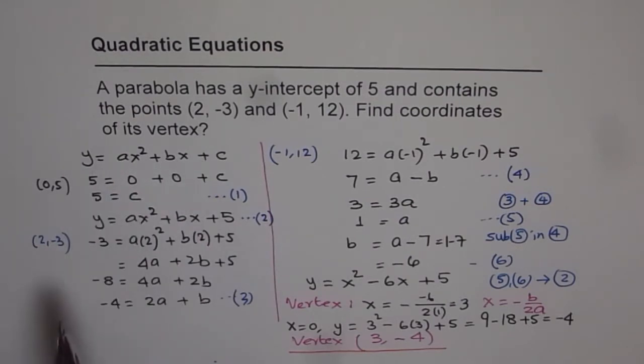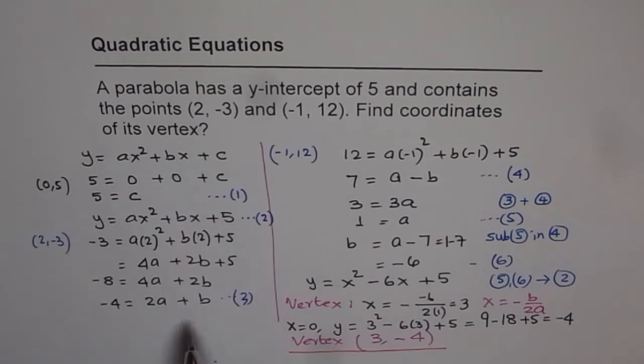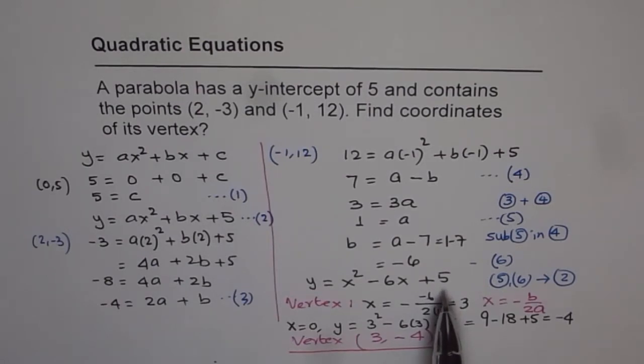Using the other 2 points, we got 2 equations, and solving them simultaneously, we found the quadratic function passing through these 3 points, which was x² - 6x + 5. Then we substituted -b/2a for x to find the vertex x coordinate. Once we found that to be 3, we substituted 3 in the equation to get the y coordinate, and so we got the vertex.